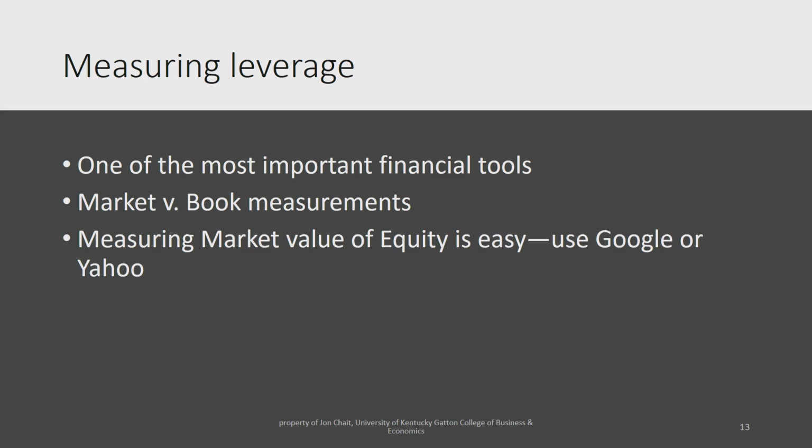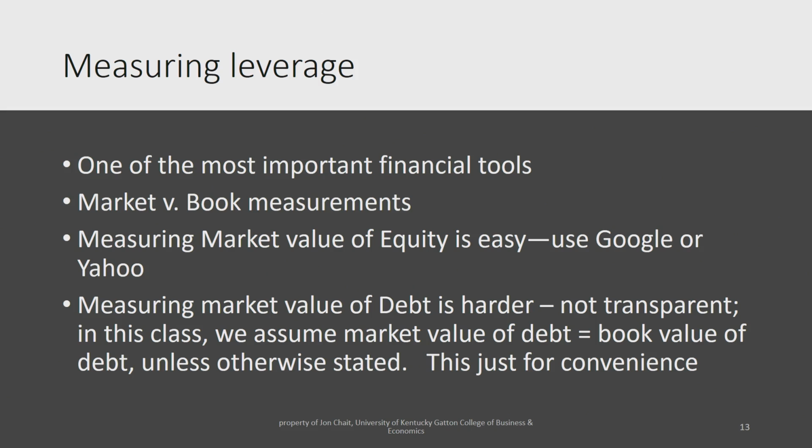Measuring the market value of equity is easy. You can go to Google or Yahoo and you can figure out the market cap of a company. It'll be listed, so that's not a problem at all. Measuring the market value of debt is harder. It's not transparent.